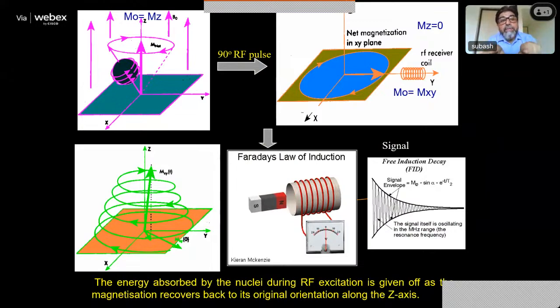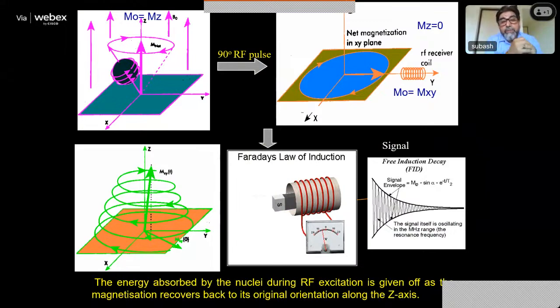So there will be dephasing of these spins within the xy plane, and this change in magnetic field will be sensed by an RF receiver coil, which is a tank circuit, basically an LC circuit tuned to the resonance frequency, and accordingly a current will be induced in this receiver coil, which you call the FID, free induction decay.